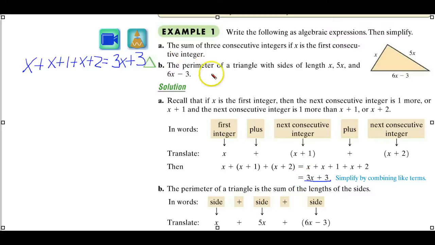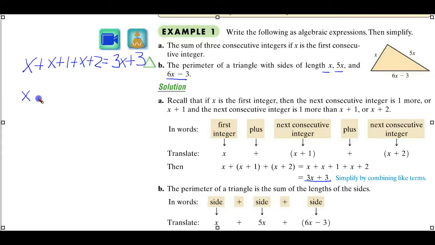Now, another good technique when you are using words to describe something is to make a picture. Here they're saying the perimeter of a triangle with sides x, 5x, and 6x minus 3, and they've just indicated that here. How would you do that? Well, you're going to add all these sides together.